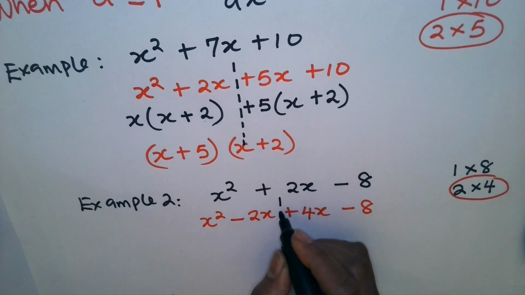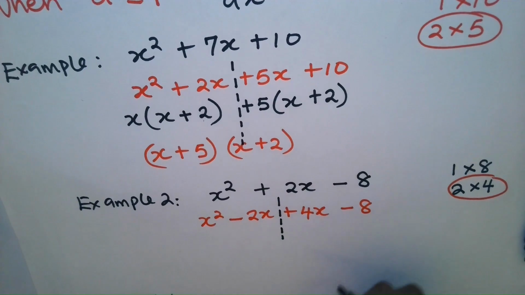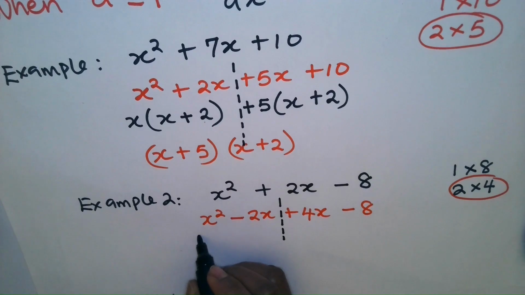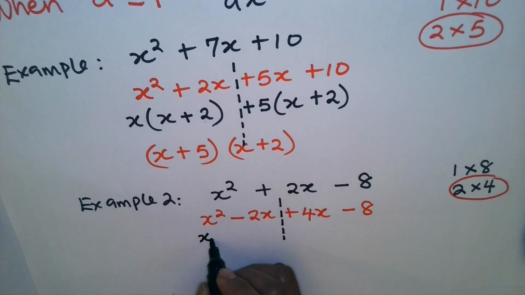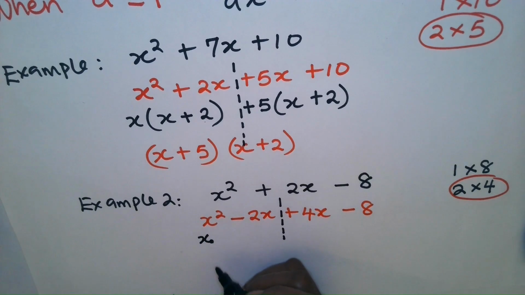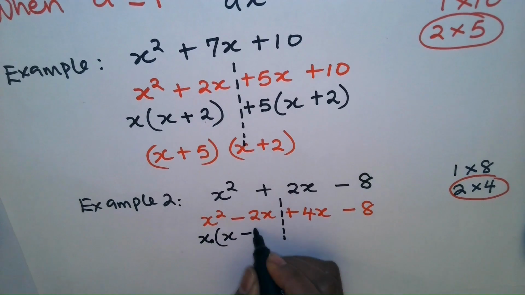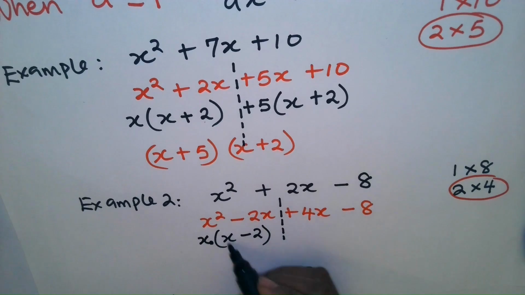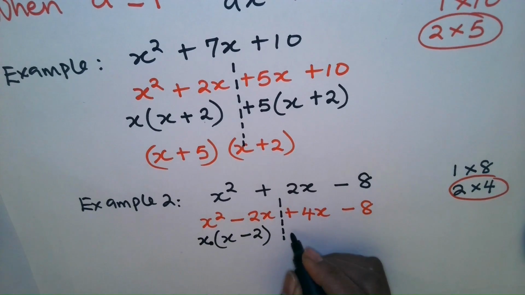We're going to halve this expression and then bring out the common number or the common letter, which is this x. In bracket, we've got x minus 2. Make sure that what you have in the bracket for the left-hand side is the same for the right-hand side.